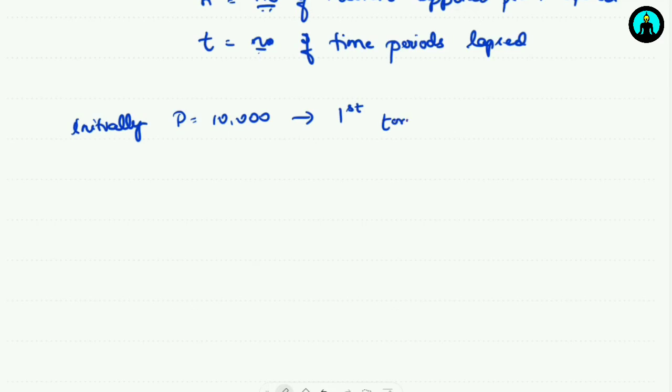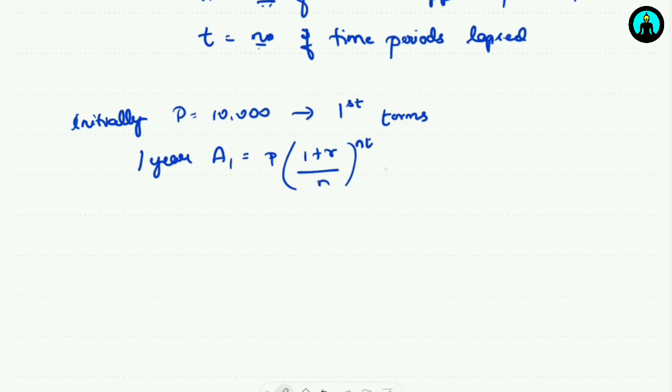So after 1 year there will be some interest amount which will be added to the principal amount, so that the whole amount, that will be A1, will be equal to P into 1 plus R by N to the whole power of N into T. If you substitute the values into the formula, P is 10,000, 10,000 into 1 plus 8 by 100 into 1.